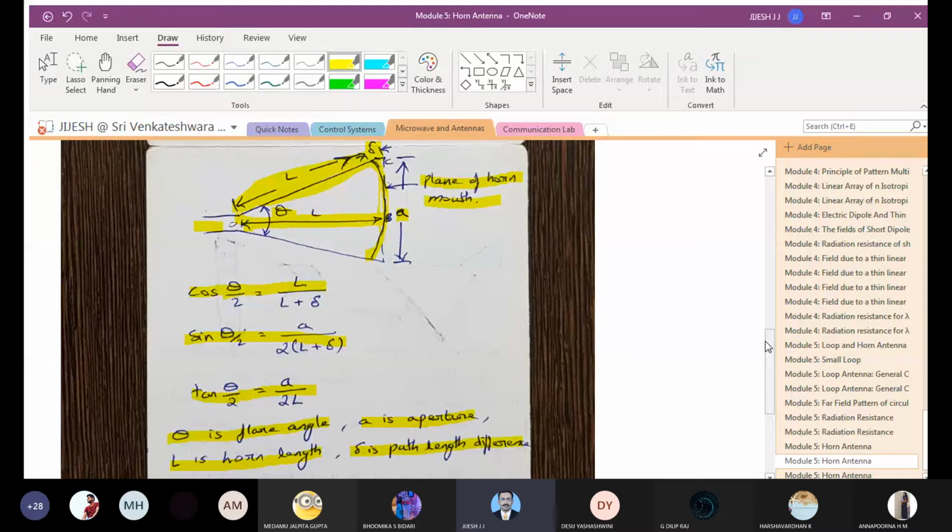Have you drawn this diagram and these equations? Have you completed this?